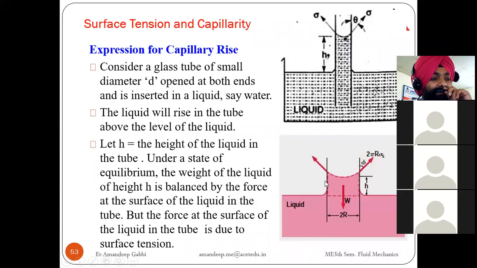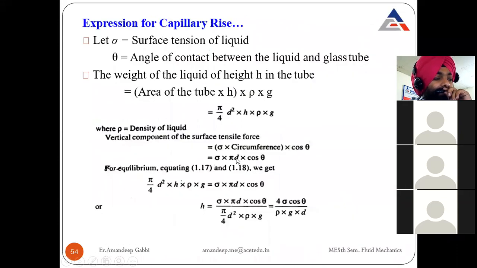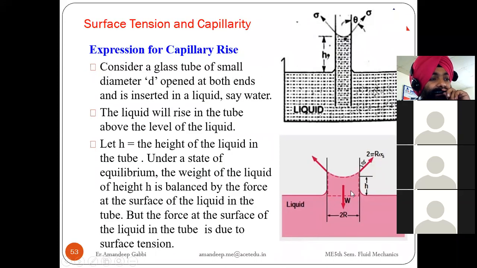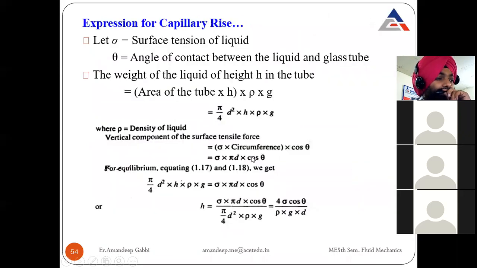Now the circumference is 2 pi r, which is pi d, so pi d is the circumference of this tube. The vertical component is sigma pi d cos theta.